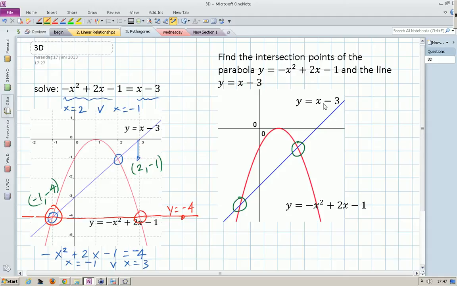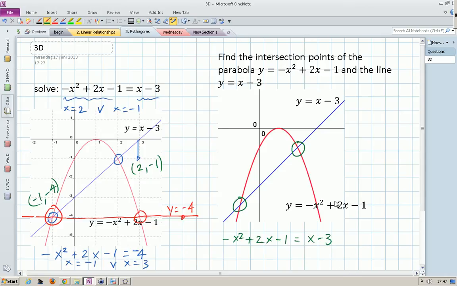So the steps here are to solve the equation minus x squared plus 2x minus 1 equal to x minus 3. We're going to solve this algebraically, obviously coming up with the solutions 2 and minus 1, because we already know that, but we're going to go through those steps just to illustrate it.